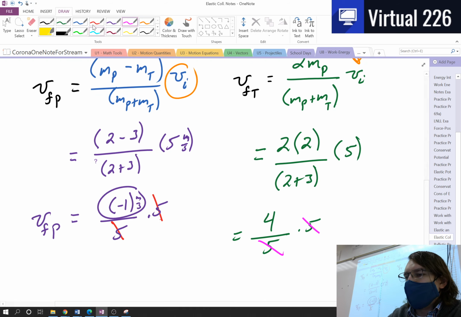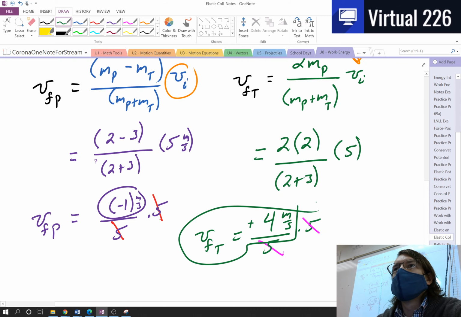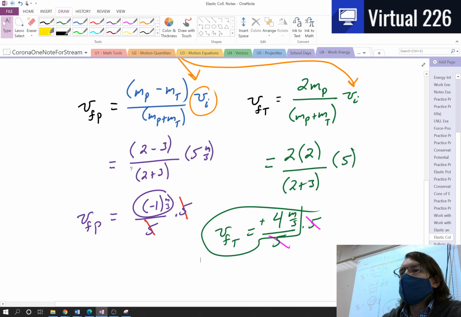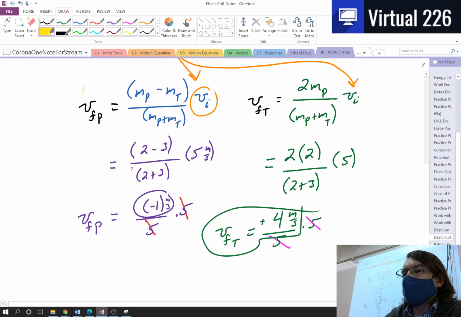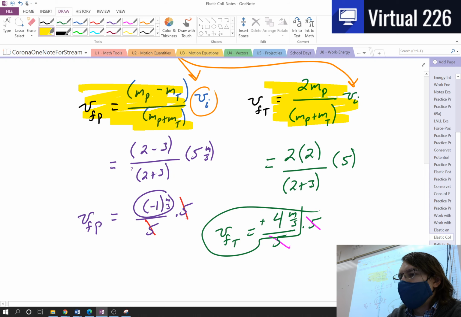The 5's go away, and we find that the final velocity of our target was positive 4 meters per second. So by using these two equations in our notes, we can quickly get an answer here.